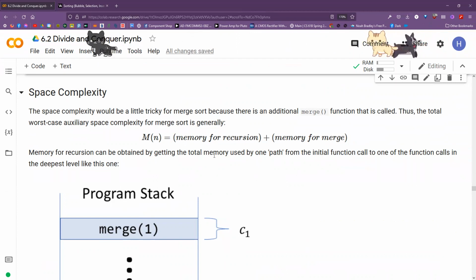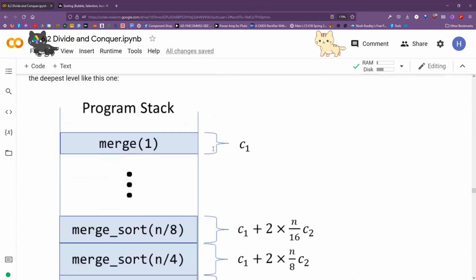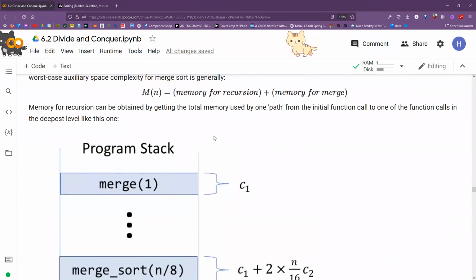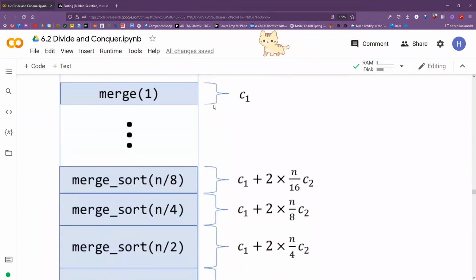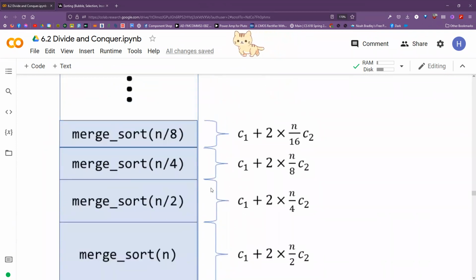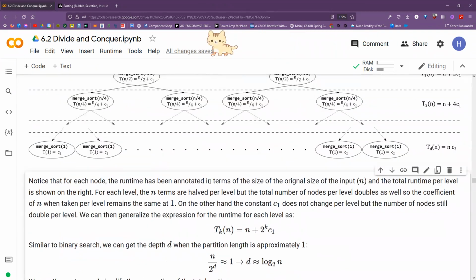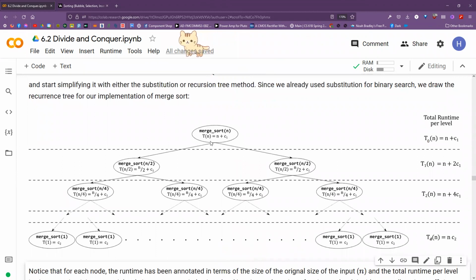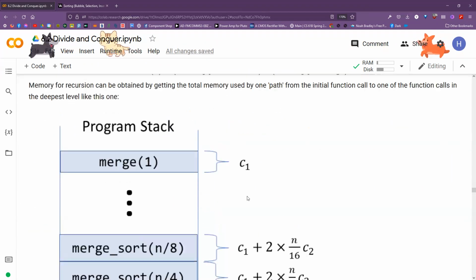So first is yung memory for recursion, similar to dun sa ginawa natin last week, wherein we show yung ating program stack or yung depth or yung isang path from the top level to the deepest level ng mga functions sa tinawag, and yung memory na consumption.